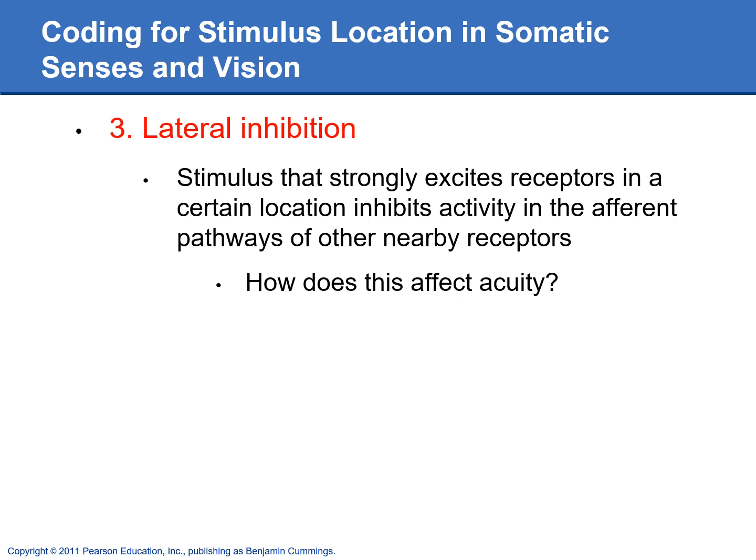Okay, so what it does is it helps make the signals from the neuron in the middle actually stand out more. And so this actually will increase the acuity and make it easier to localize where you're being touched. So let's see how this works.